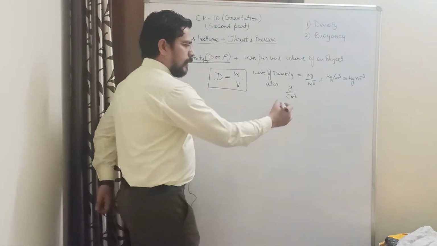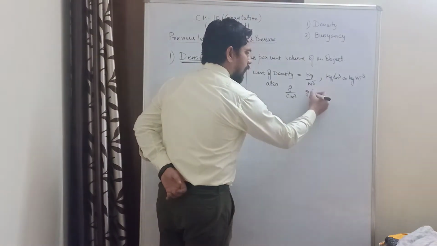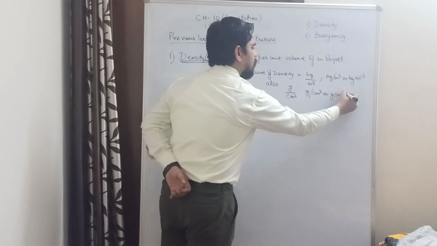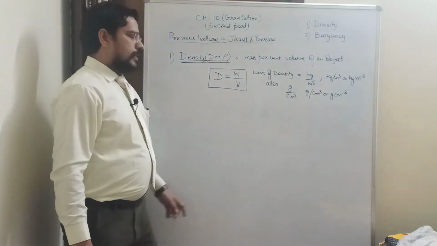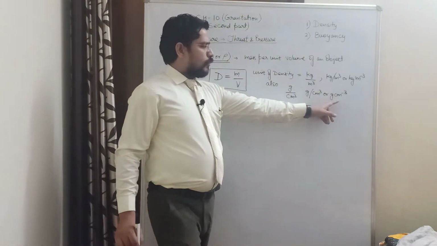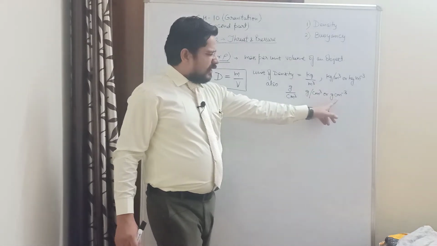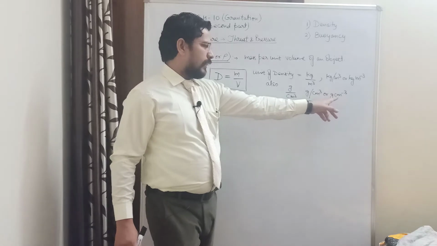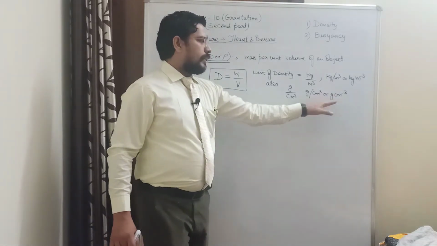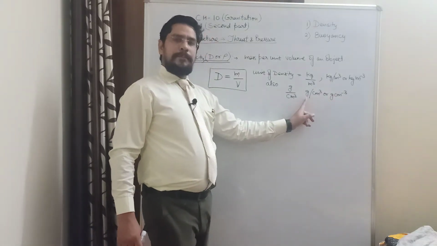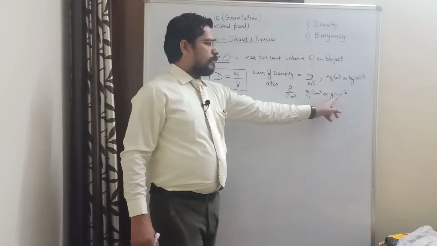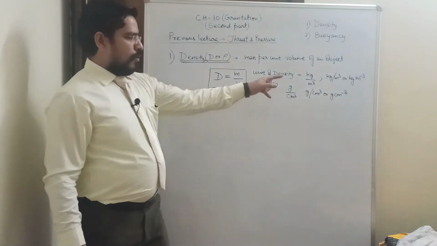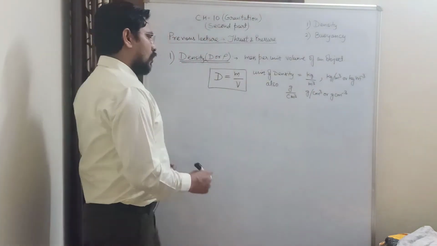Similarly, we can write gram per centimeter cube, or gram centimeter minus 3. Some students get confused, thinking it is a printing mistake, but these are the same thing. You can write gram per centimeter cube or gram centimeter minus 3, and similarly kilogram per meter cube or kilogram meter minus 3.